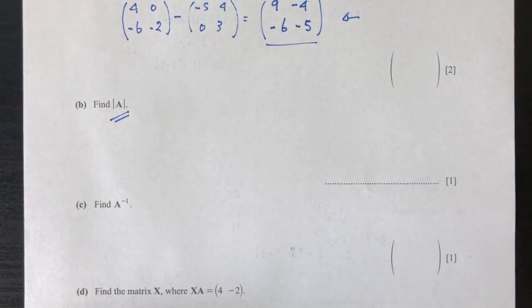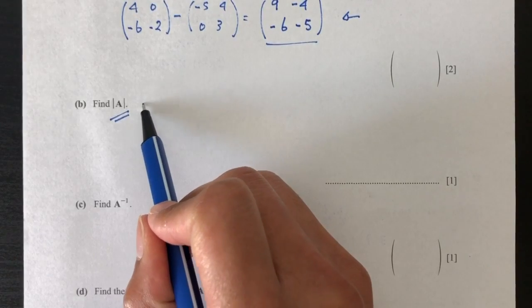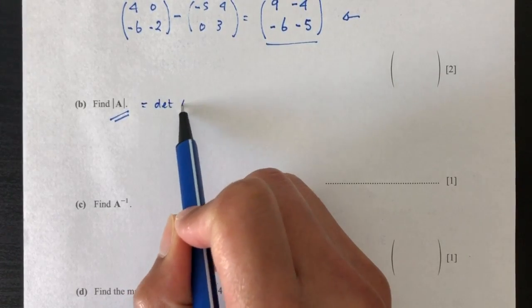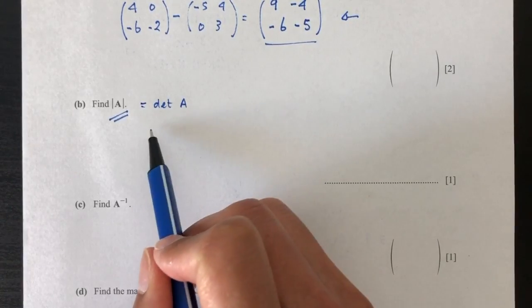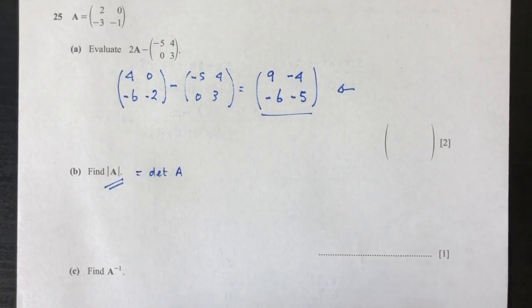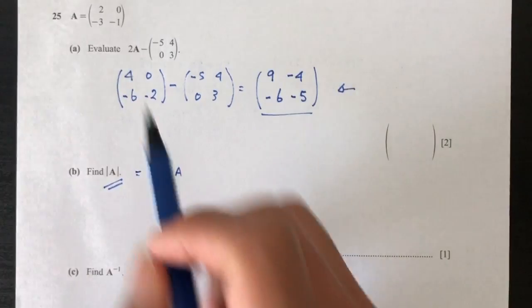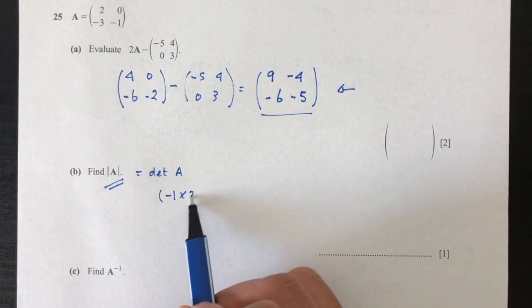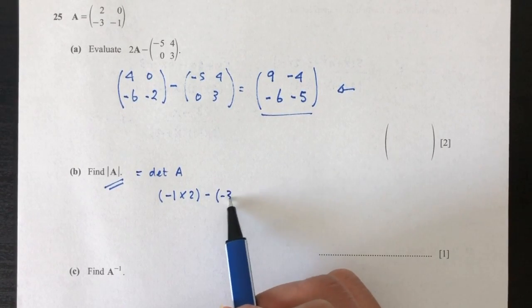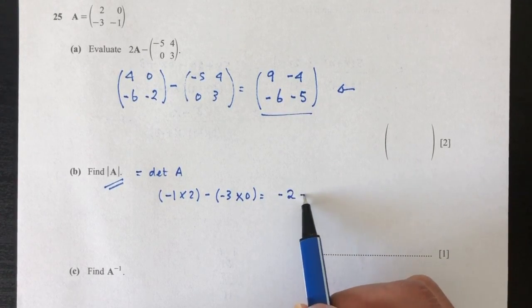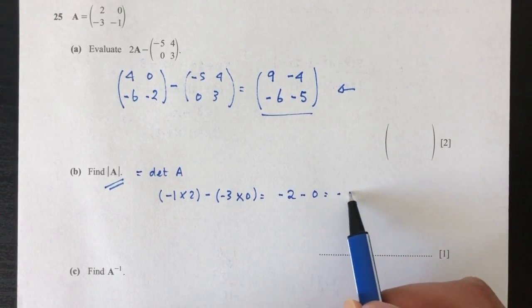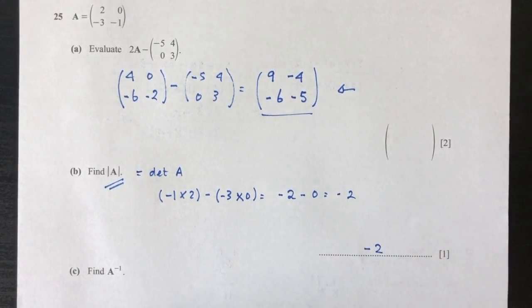When you have a modulus sign, it actually just means the determinant of A. So how would you find this? Pretty easy. As we know, we have to cross multiply. So basically, minus 1 times 2 minus 3 times 0. That will be what? Minus 2 minus 0, which is minus 2, which is your answer here.